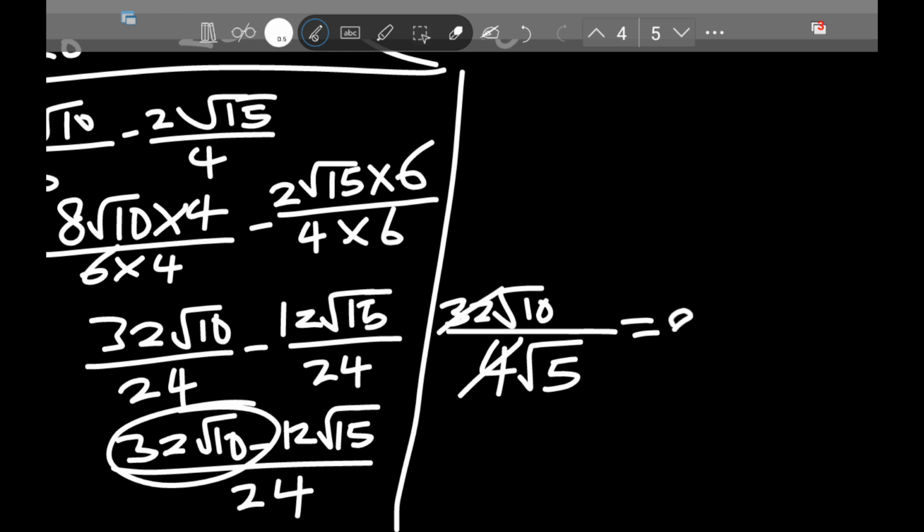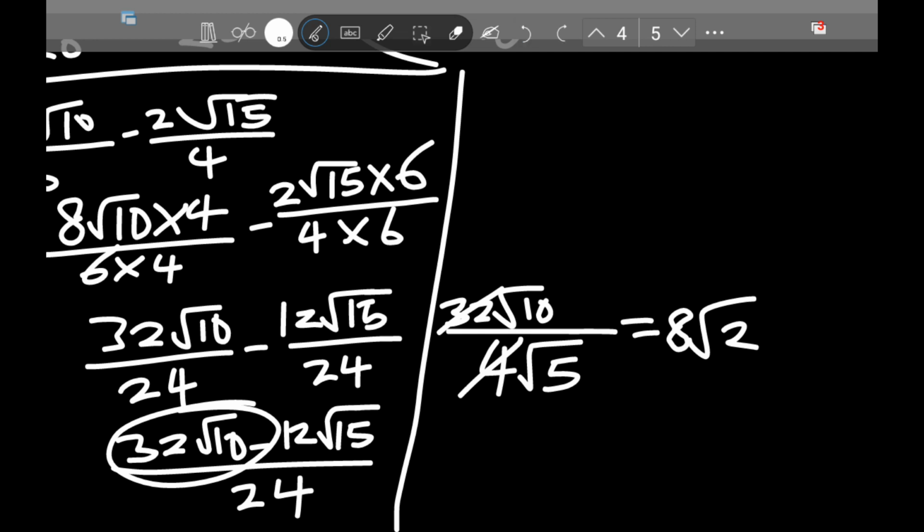There are 8 4s. So we know that 10 divided by 5 is 2, so you get root 2, 8 root 2. So the quotient of 32 root 10 and 4 root 5 will be 8 root 2.